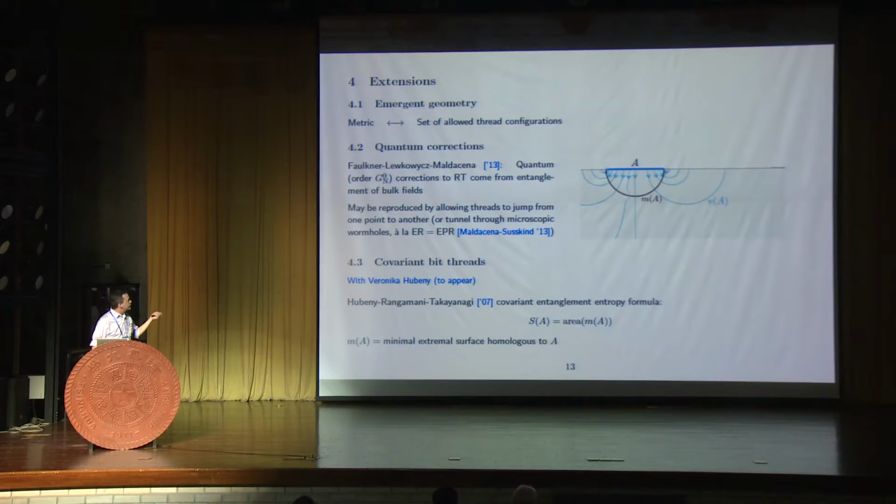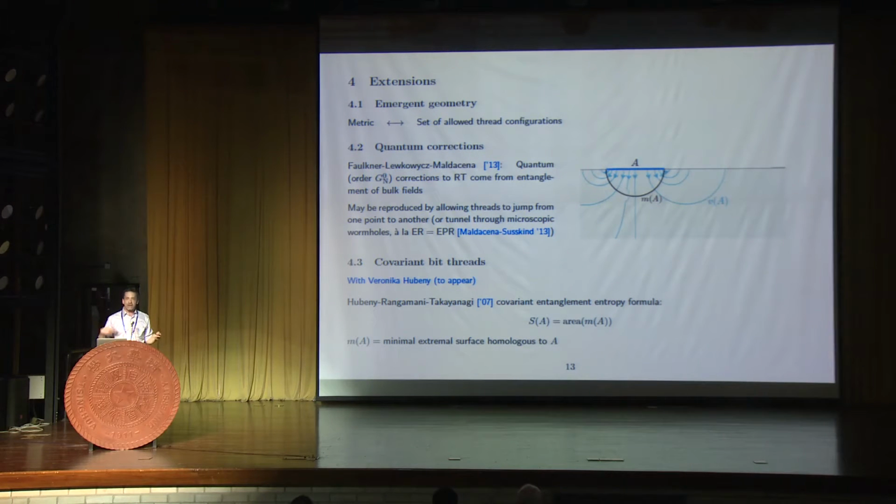So you can reproduce that here, or I should say, I think you can reproduce it. I haven't done this quantitatively, so this is a preliminary idea. I think it can be reproduced essentially by allowing the threads to jump. In other words, you don't insist that they be continuous in the bulk. You allow them to jump where the number that are allowed to jump from one part of the bulk to another is determined by that bulk entanglement entropy.